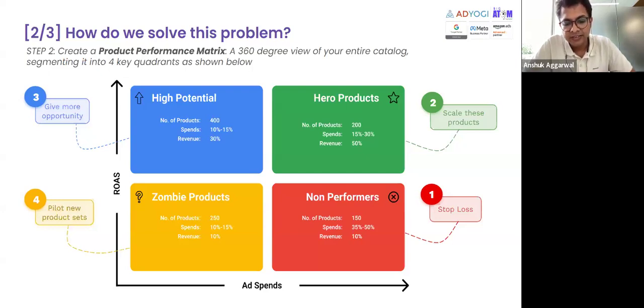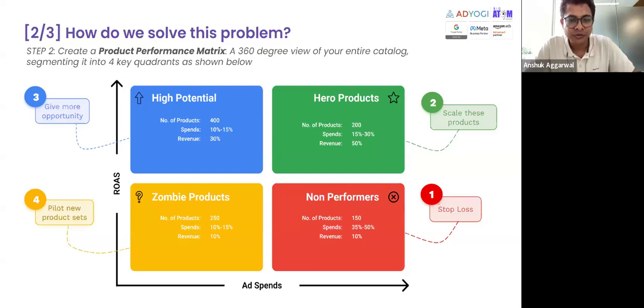Zombie is actually the tricky category. They have neither got opportunity nor have shown any promise. So think of it as a risky area. They have not proved themselves, but they have not got a chance to prove themselves also. So our strategy for them is, if you have really done all you can do for 1, 2, and 3, then let's address 4, where you may want to start pushing budgets into zombie.